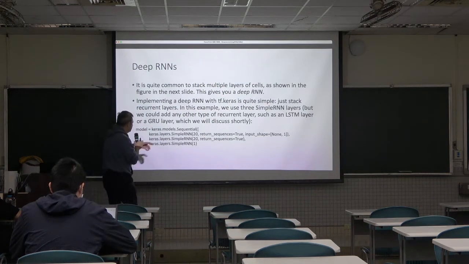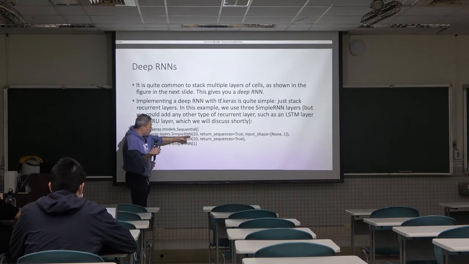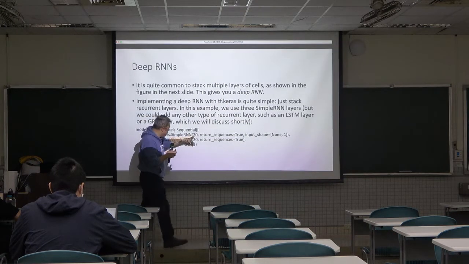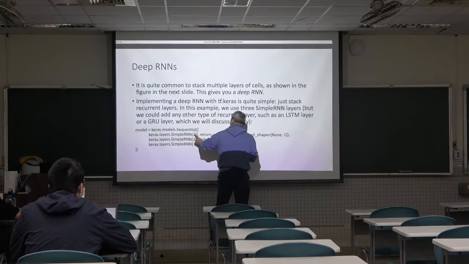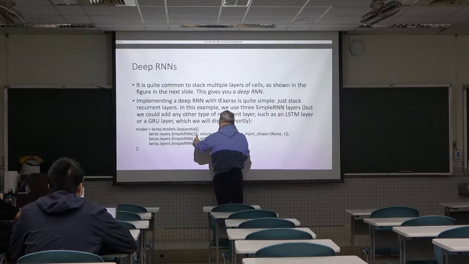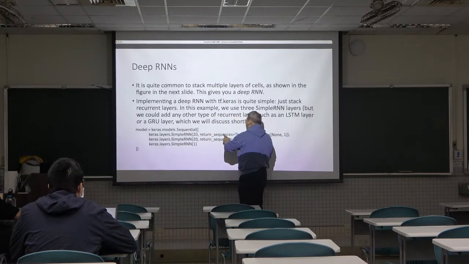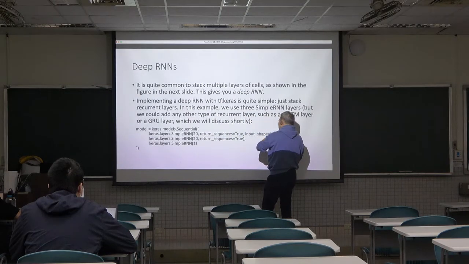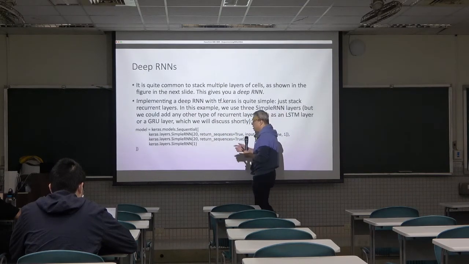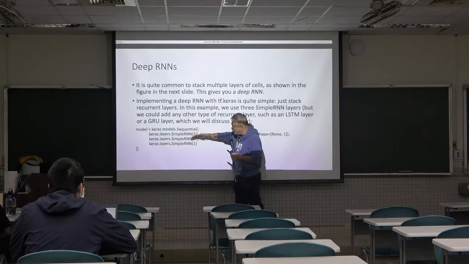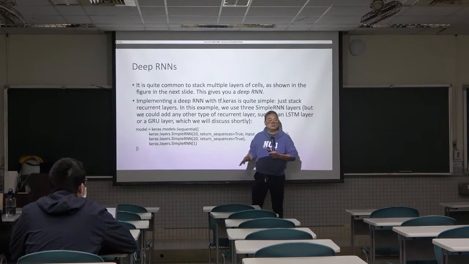We still use the Sequential API and Keras layers SimpleRNN, and you can see that we also increase the number of neurons. The first layer has 20 RNN neurons, and we set return_sequences to be true because we want to output a sequence, because the next layer is also an RNN.